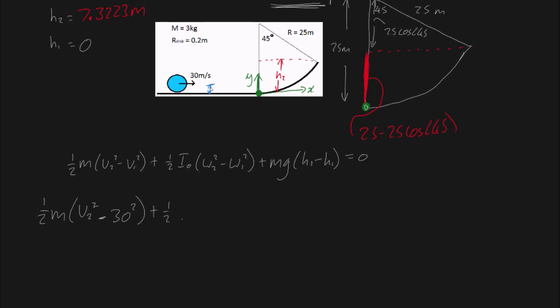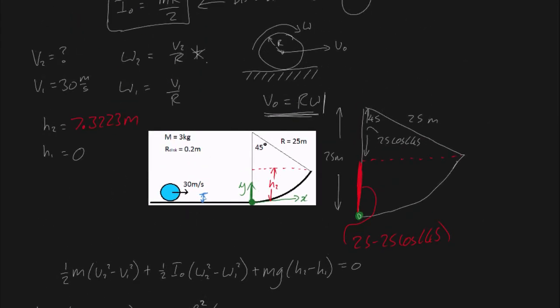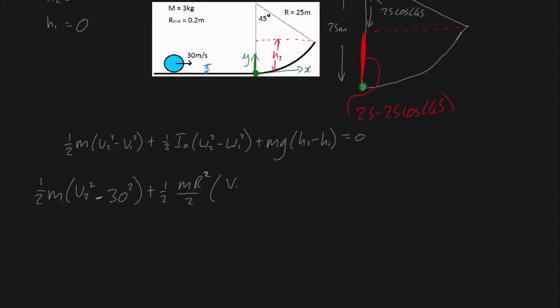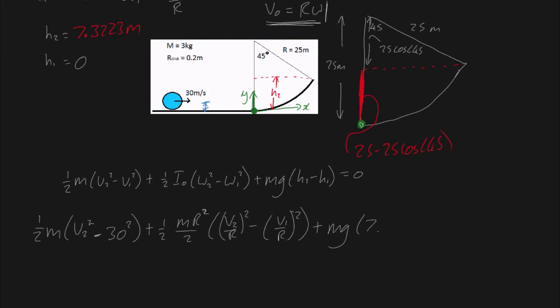Plus a half, remember I0 is just going to be mr squared on 2, times (omega 2, and if you recall, omega 2 was just v2 on r, so it's going to be v2 on r) squared minus (v1 on r) all squared, plus mg times (h2 minus h1), which is going to be, if you scroll up, you can see it, 7.3223 minus 0, which is going to be equal to 0. Whew, a lot of work, but we're almost there.